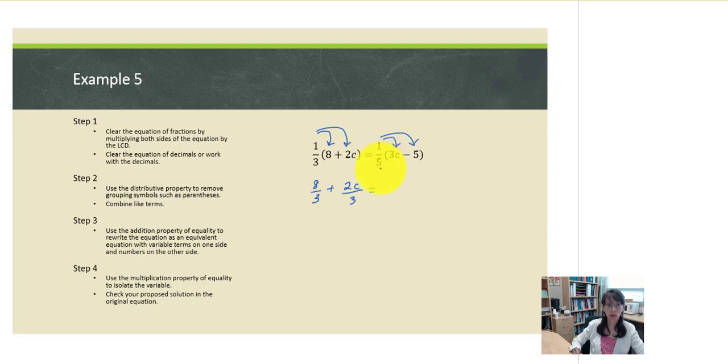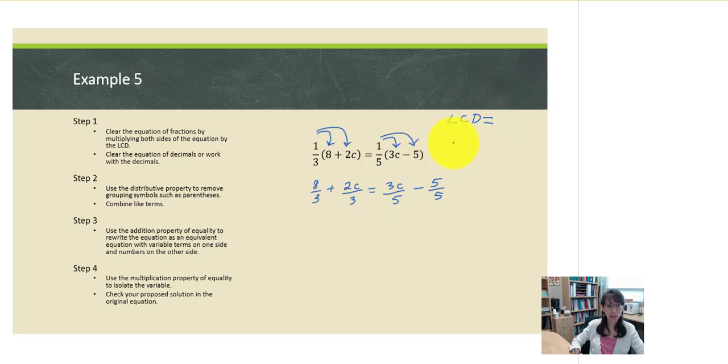Now distributing 1/5, we would have 3c over 5, and 1/5 times negative 5 would be minus 5/5. I don't want to reduce 5/5 right now. I'm distributing on purpose so I can see what the terms look like as fractions to come up with our lowest common denominator.